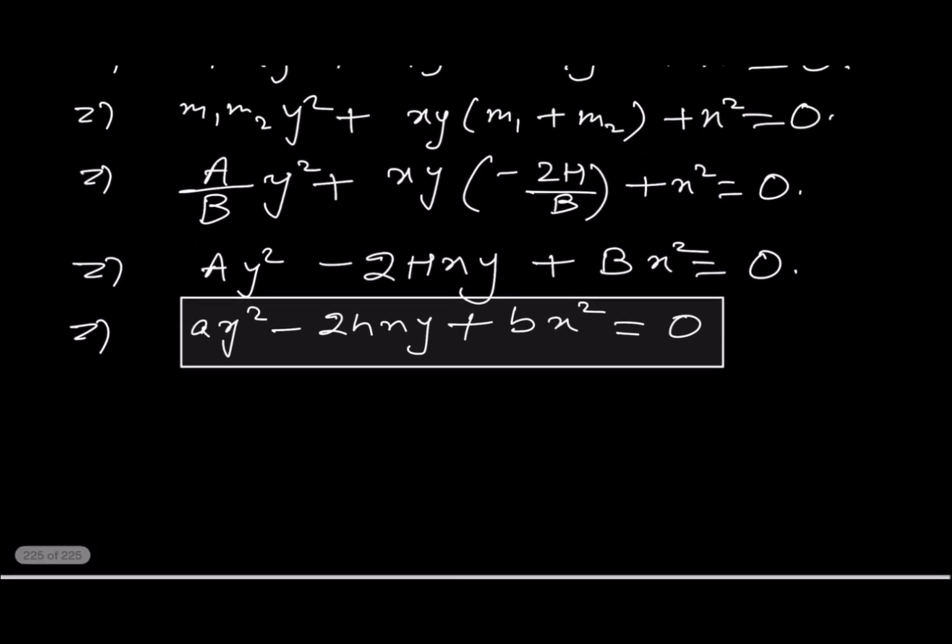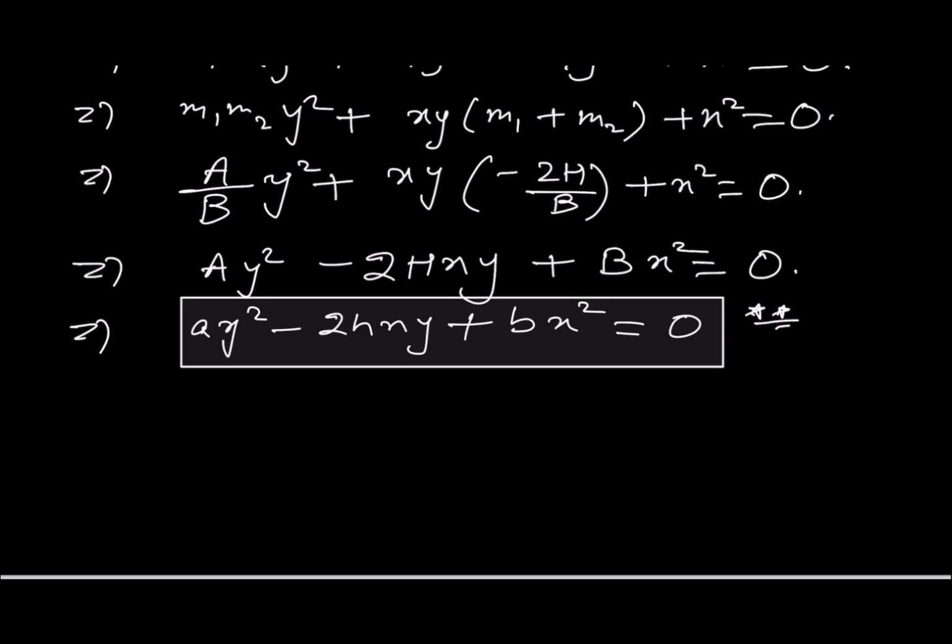We can directly use this trick in future. If we are asked for the equation of the pair perpendicular to the given pair, we change the coefficients of x square and y square, and change the sign of h.